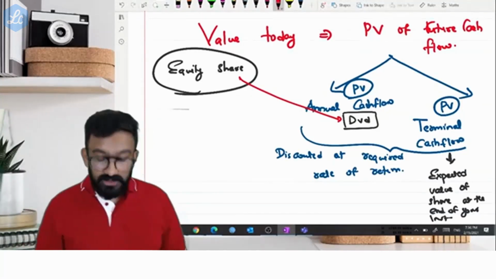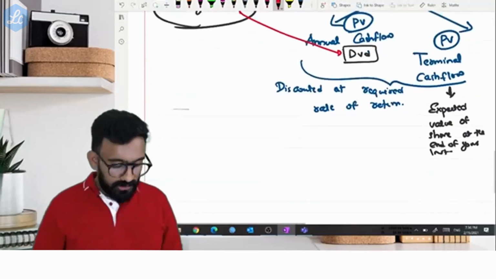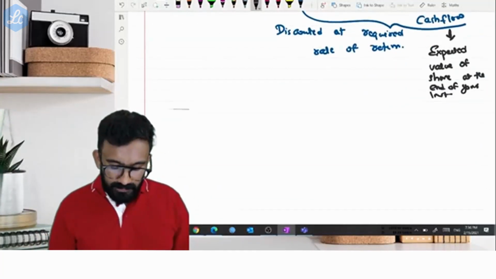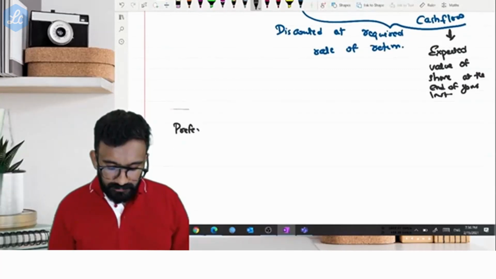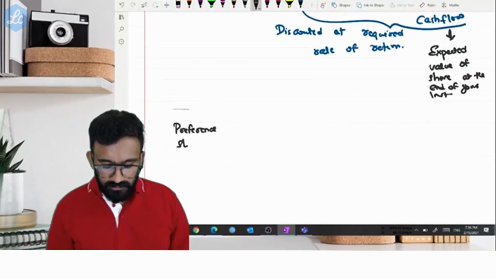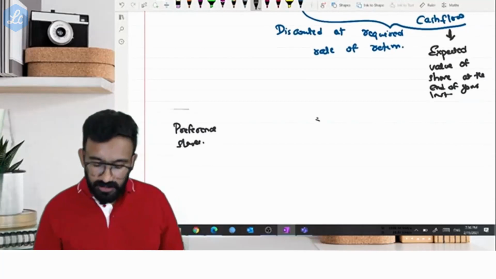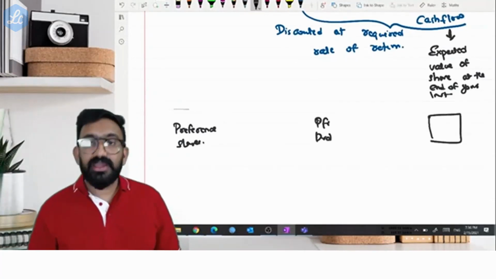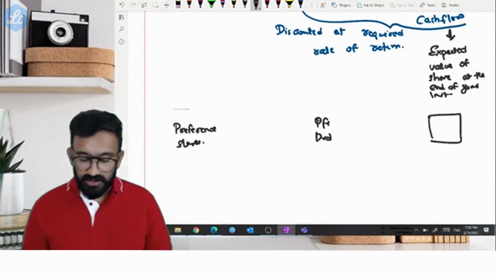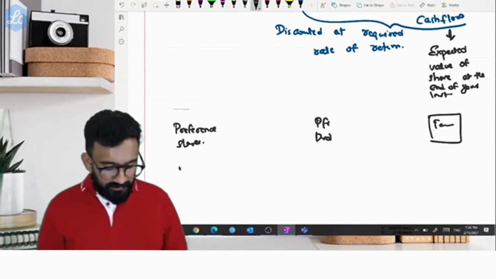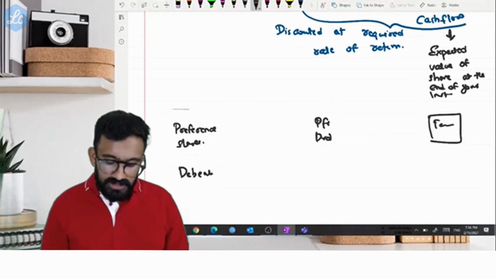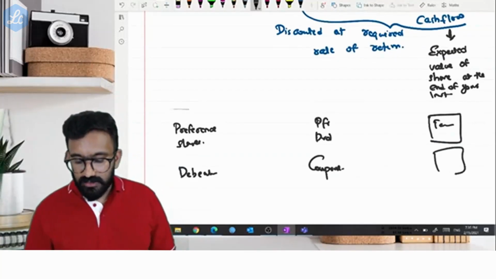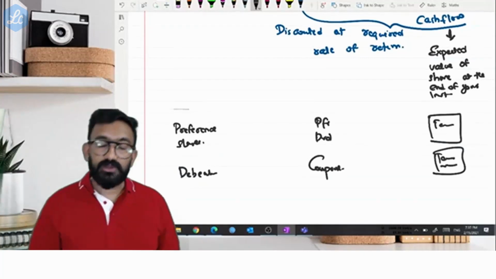Okay, this is one model. If instead of equity shares, let's assume that this happened to be preference shares, the cash flow is going to be preference dividend, and what is the terminal value of these preference shares? If it is a debenture, same, the cash flow is going to be called coupons, and what will be the terminal value of this debenture?